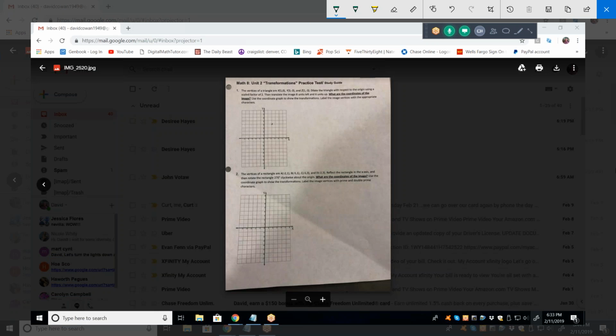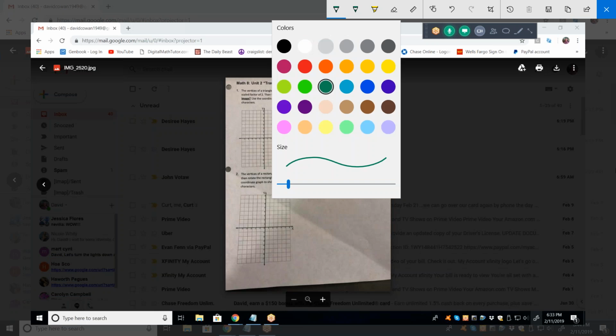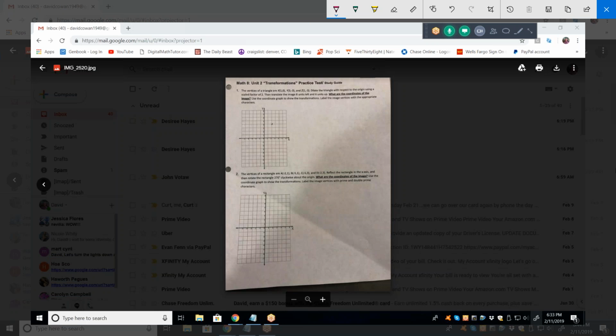I'm going to start with one color, do the first transformation, whatever they call these transformations. So I'll do it pretty quick here just to save time. So A is at -2. Do the x first. Up 1. Done.